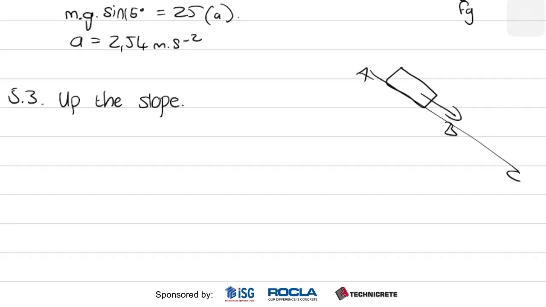Okay, question 5.4. This now tells us the magnitude of the net acceleration from B to C is 1.2. Calculate the magnitude of the frictional force acting on the crate.